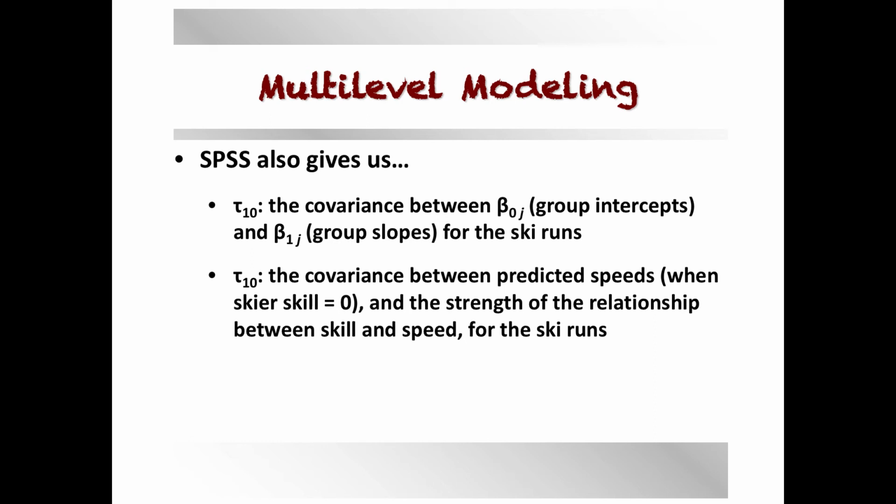So this is, again, the covariance between predicted speed when skier skill equals 0, that's an intercept, and the strength of the relationship. Theoretically, suppose a ski run is just really difficult, right? And so you have a lot of high speed going down the hill. That's a high intercept here. And if the strength of the relationship for that particular run is higher as well, what that means is that if you have a really steep slope, you're going to have a lot of high speed, and skill matters more.